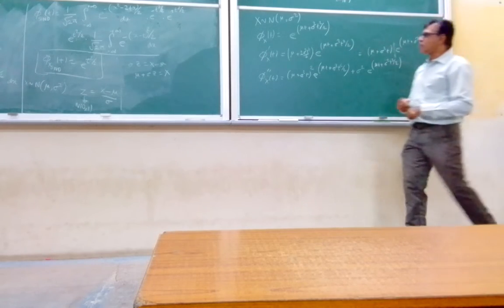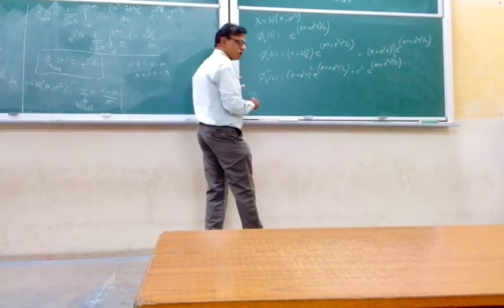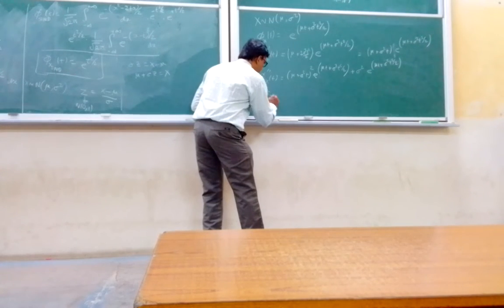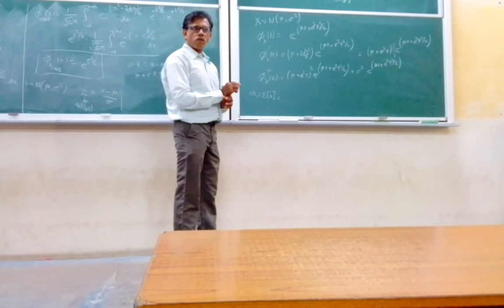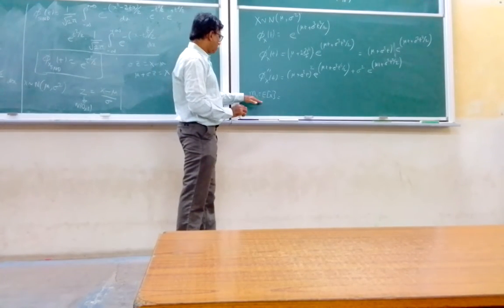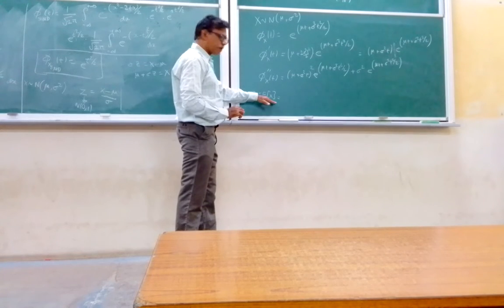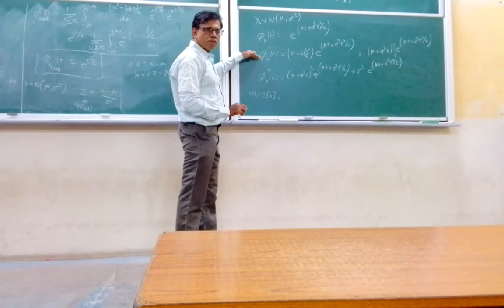Now, for getting moments, we know that m1, what is it? E of x. From the MGF, what is the first moment, which is the expectation of x? How do we get it? We can get it from this by substituting t equal to 0.